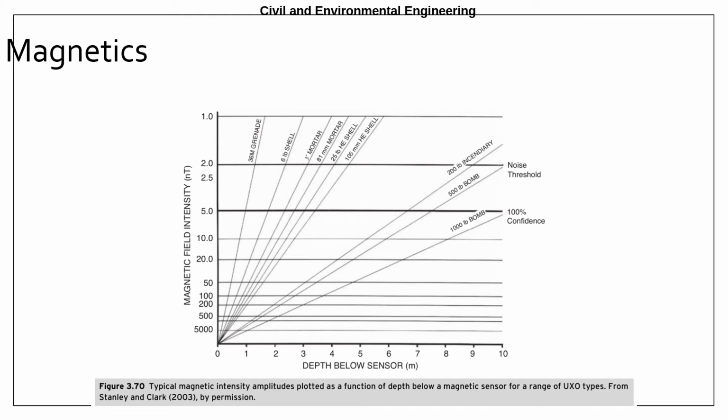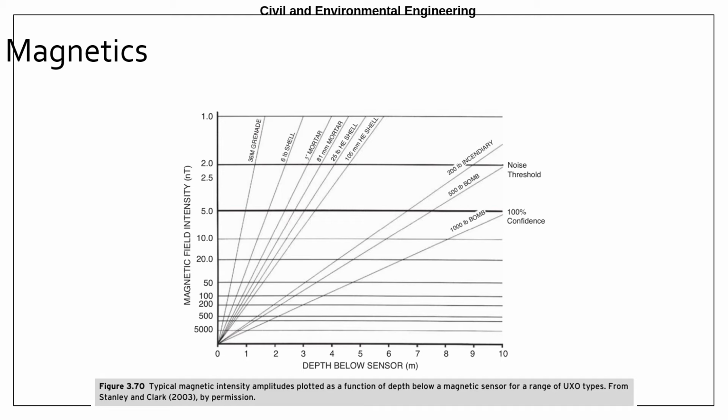Now, probably one of the most important uses of magnetics in civil and environmental engineering is the detection or mapping of unexploded ordnances, or UXO. All right, and note that the magnetic intensity reading of a certain object decreases as you go farther away from that object.